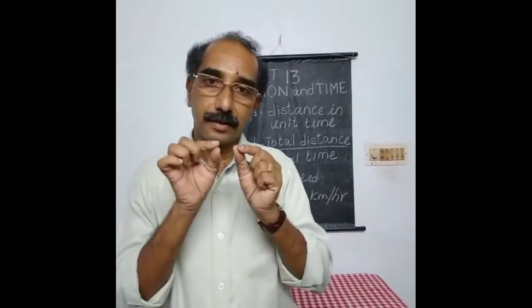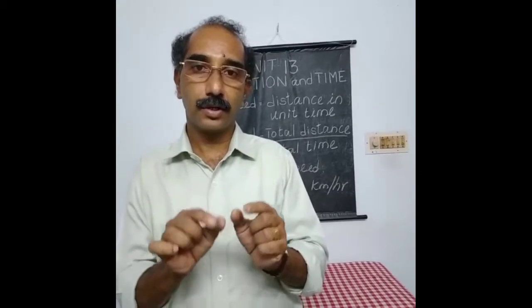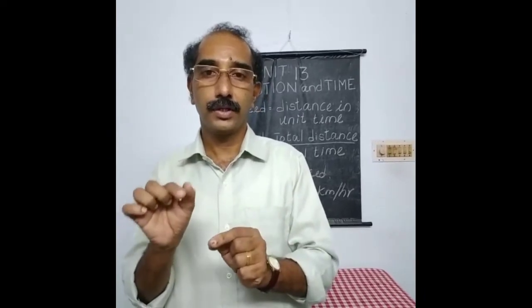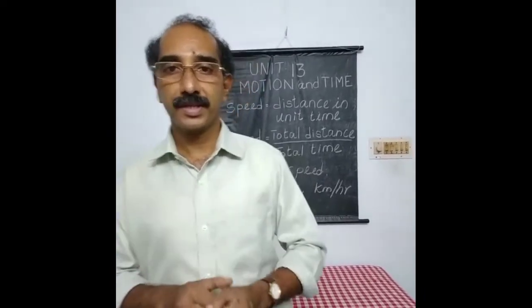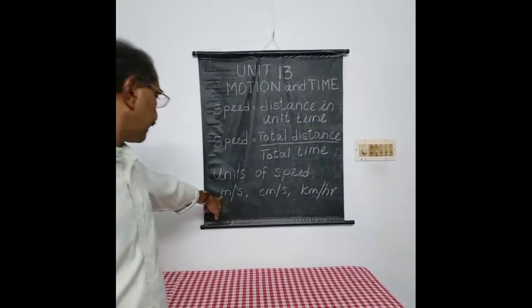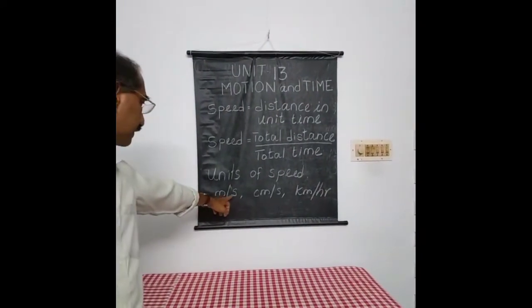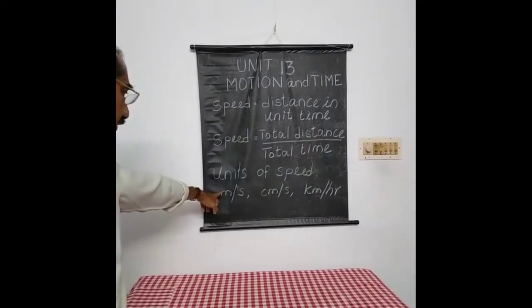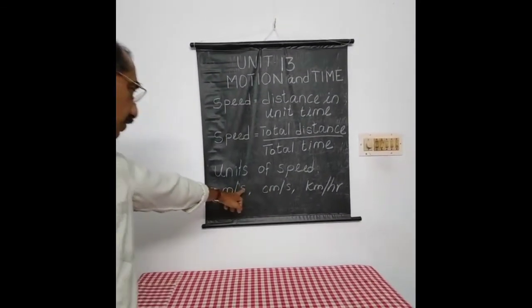The unit of speed depends on which unit you have used to measure the distance and which unit you have used to measure the time. Here we can see meter per second. Meter per second means how many meters an object travels in 1 second.